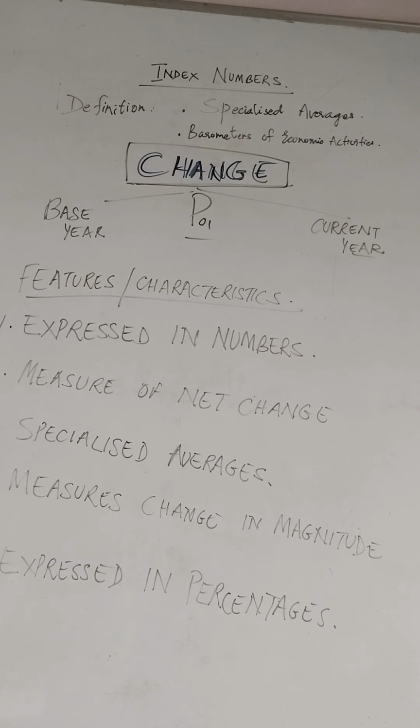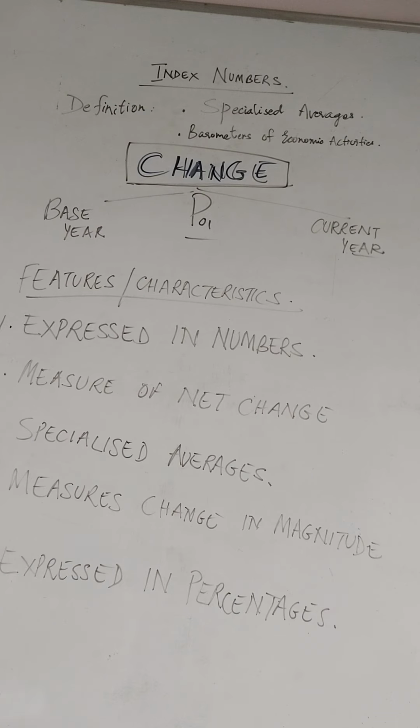This is what can be studied with the help of index numbers. Index number is a statistical device for measuring changes in the magnitude of a group of related variables. It is a measure of the average change in a group of related variables over two different situations or times.